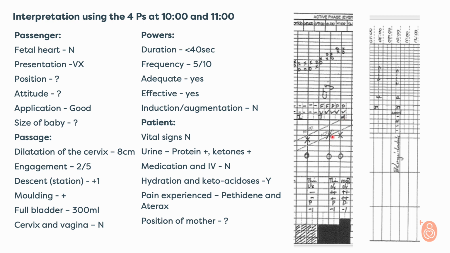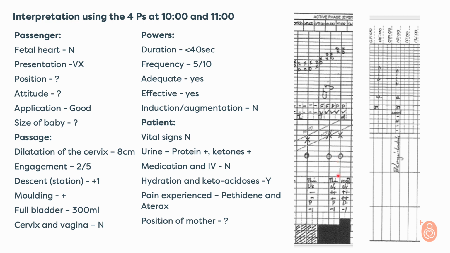And now we also get 2 pluses molding and 1 plus caput, which becomes extremely important for us. Now, it seems as if this lack of engagement and descent has something to do with CPD.